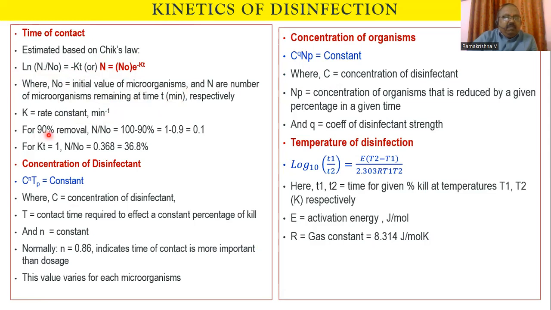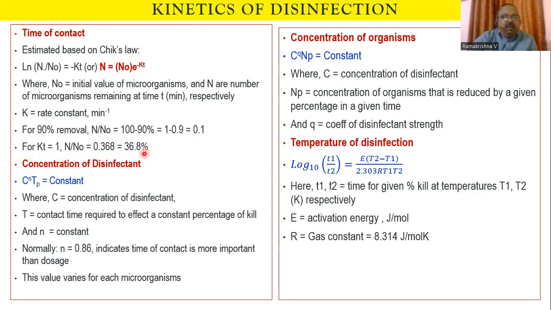If 90% removal is taken, N/N0 is equal to 100 minus 90%, which is equal to 0.1 remaining. 10% is nothing but 0.1 in decimal terms. And kt is equal to 1 if you take N/N0 equal to 0.368, that is 36.8%.